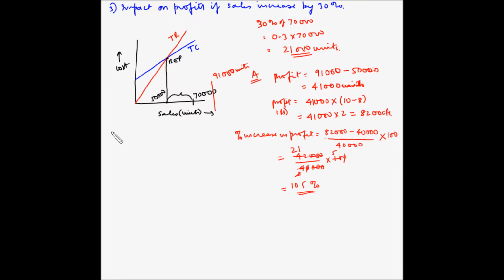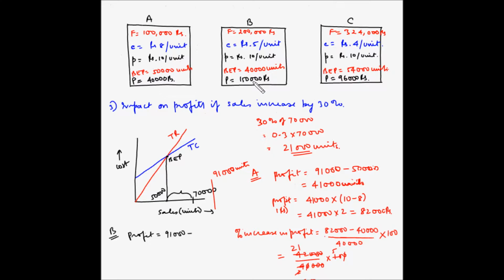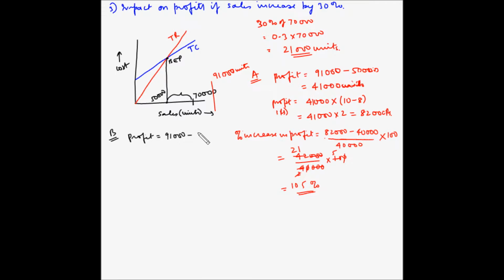So let's do the same thing for B. So profit is equal to the new sales, 91,000, minus the break-even point, which is 40,000.